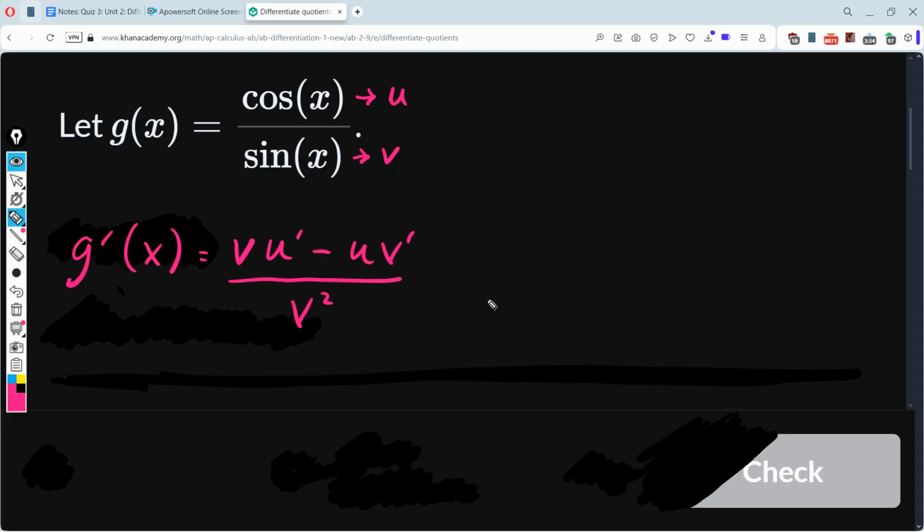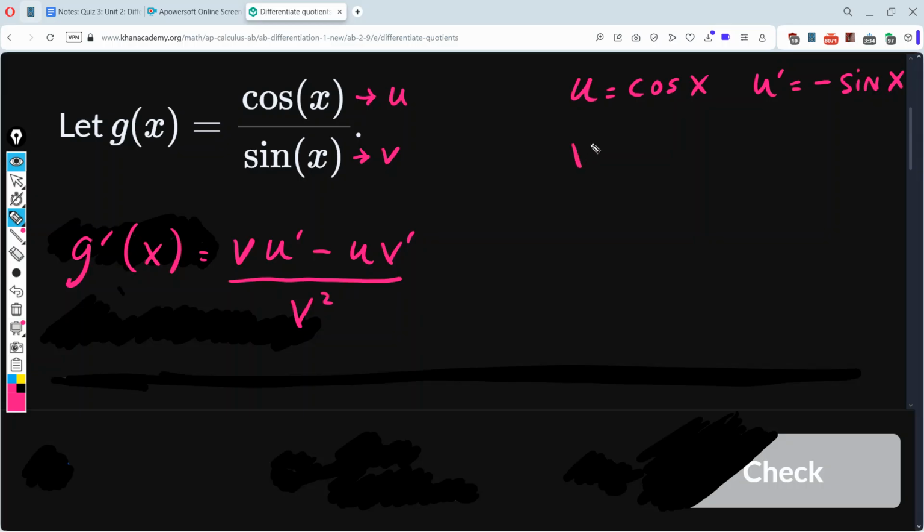All right. Now you can do this as you go along, but I'm going to do these off to the side. Okay, if u is the cosine of x, what's the derivative of u? Well, we said in another exercise, the derivative of the cosine of x is basically the negative sine.